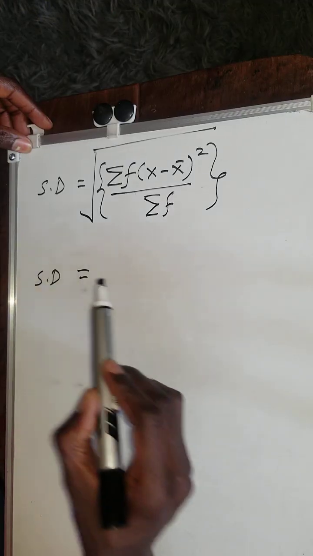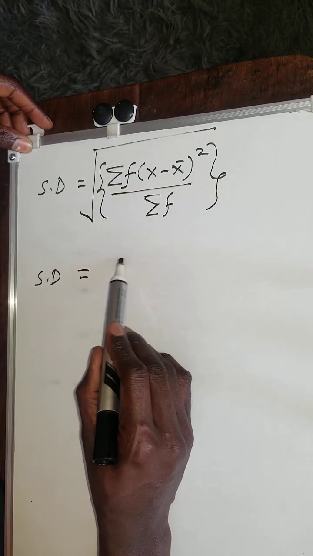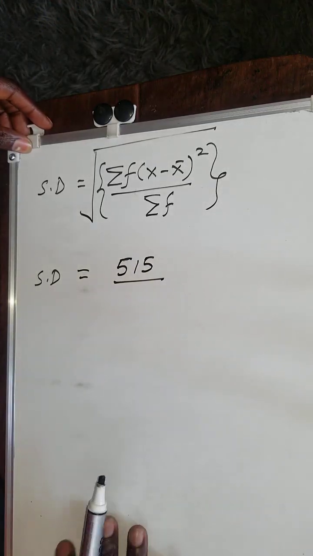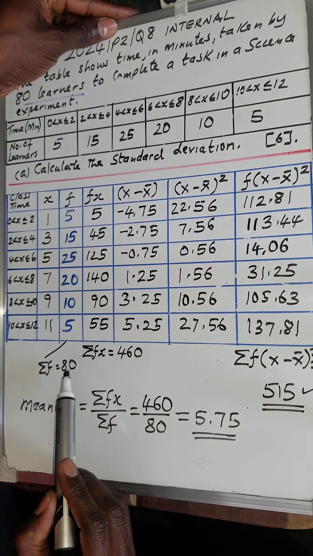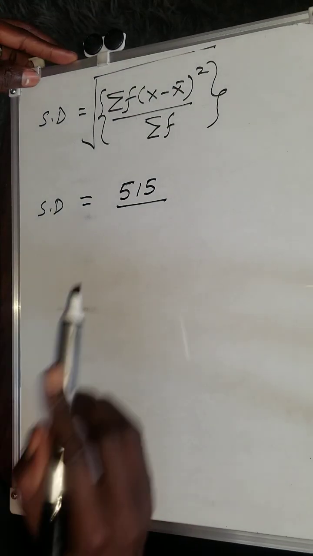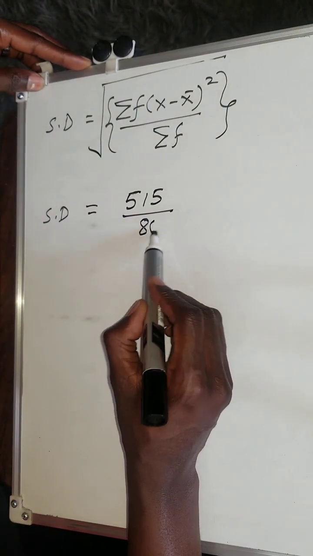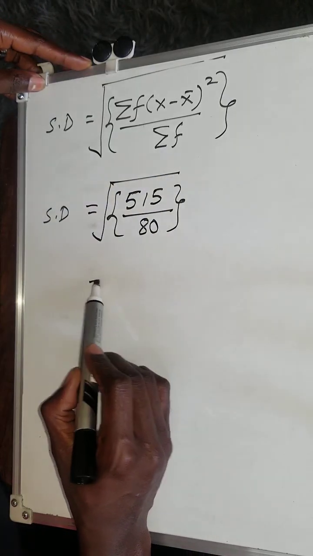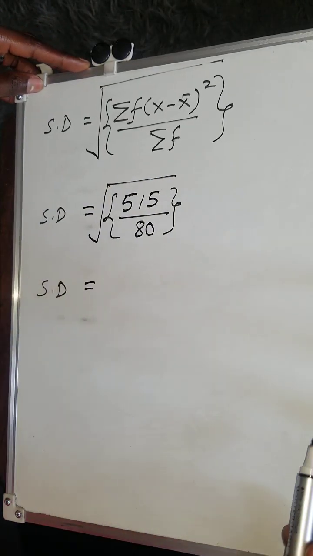So the standard deviation will be, what is this value? We got 515 divided by the summation of the frequency. Do you still remember? It is simply 80. So we are going to divide by 80. Whatever value that we get there, you need to find the square root of that.